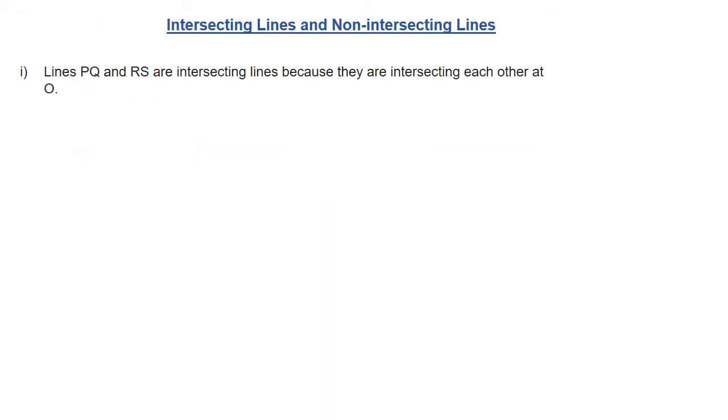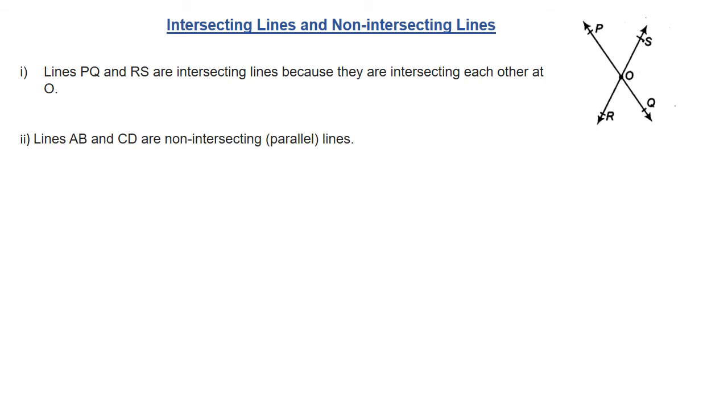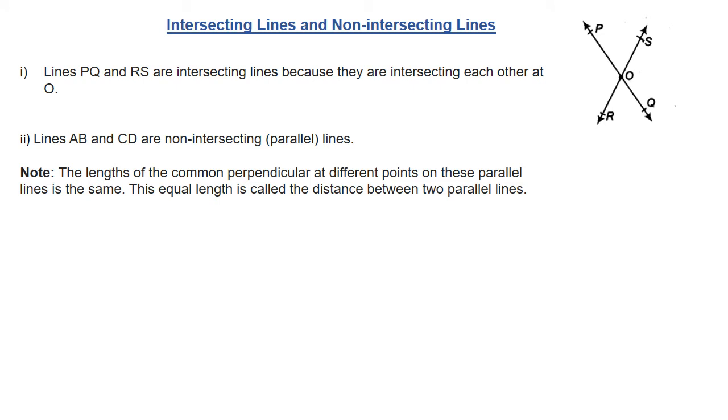Intersecting lines and non-intersecting lines. If two lines intersect each other at a particular point, then we call them intersecting lines. When the two lines have a constant distance between them such that they do not intersect or meet each other at any point, even if we produce them any further, then the two lines are known as parallel lines.